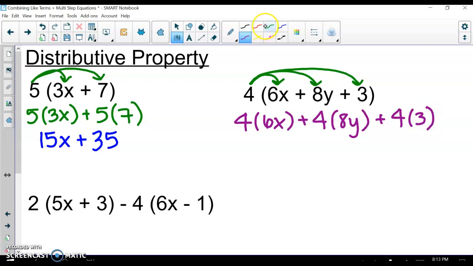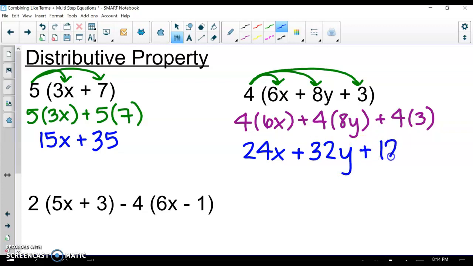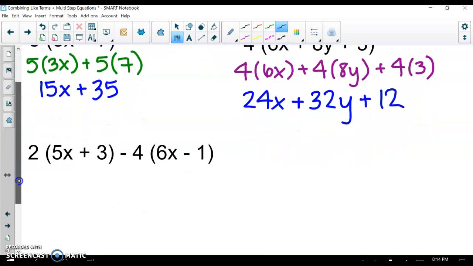And then we simplify. 4 times 6x gives us 24x, and 4 times 8y gives us 32y, and 4 times 3 gives us 12. Do we have any like terms here? We don't, because x and y are different variables, and 12 does not have a variable at all.